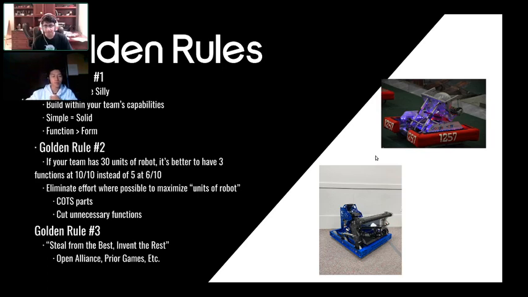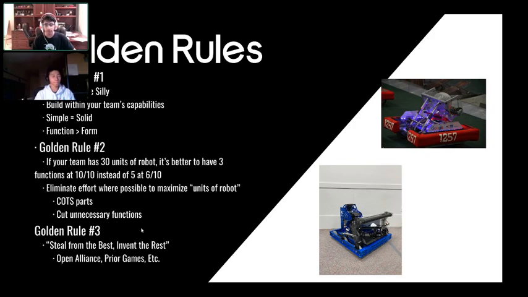So it's always going to be better to do a few things well than a lot of things poorly. And part of this is also eliminating effort where possible. You can get away with sort of outsourcing units of robot, where, for example, if you use the kit of parts chassis, which is this drivetrain that you get in the kit of parts, then you don't have to spend any of your units of robot working on a drivetrain.